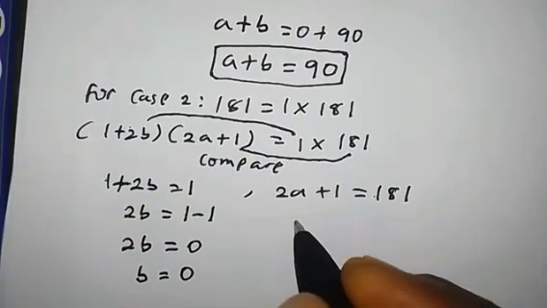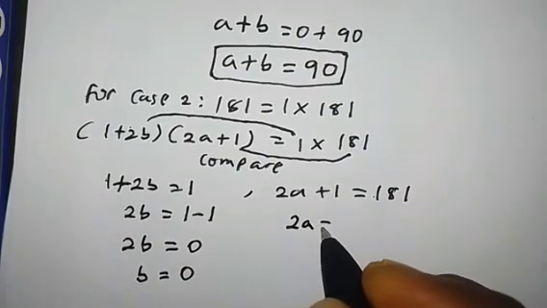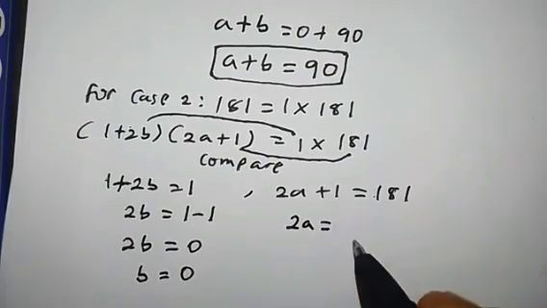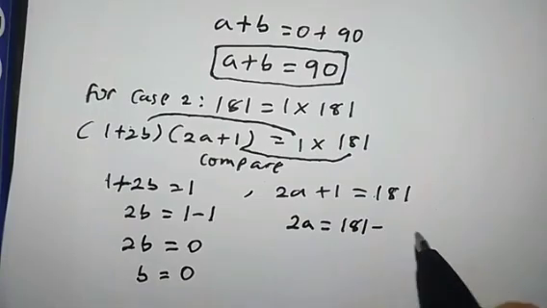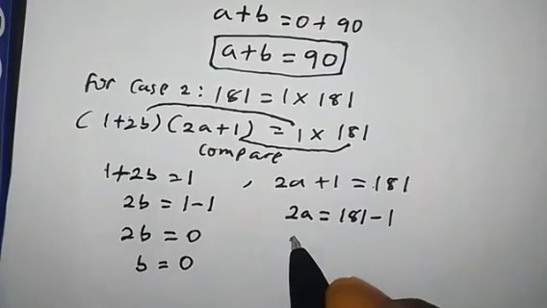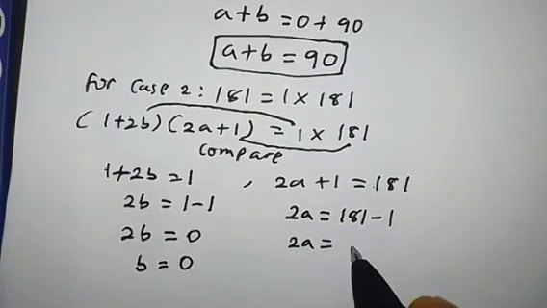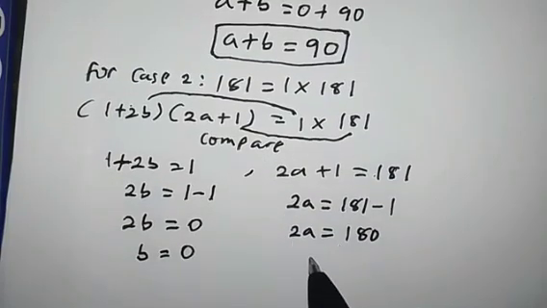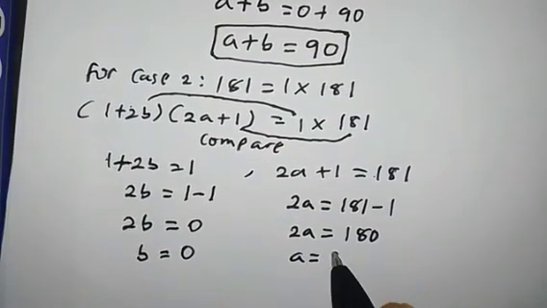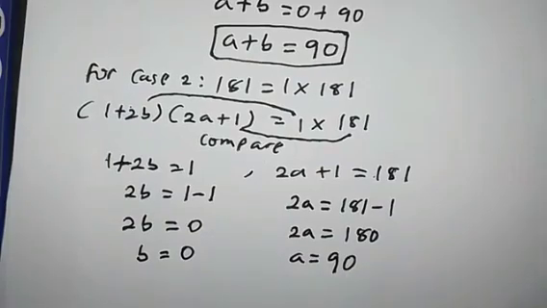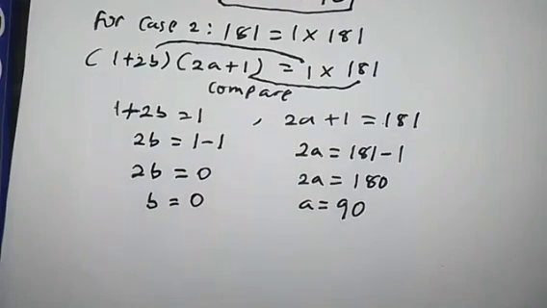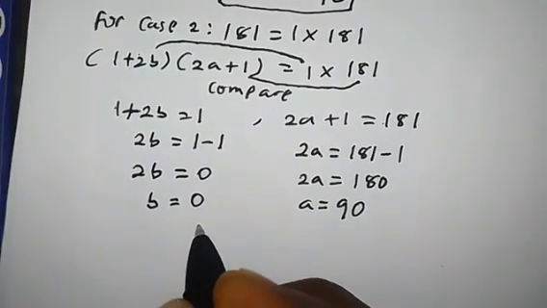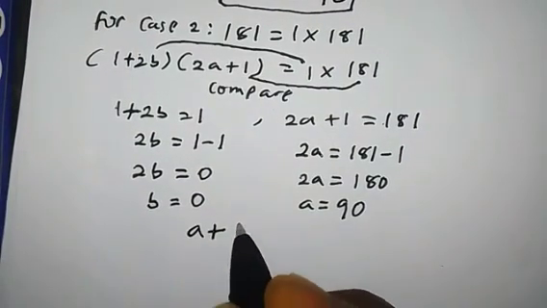Also from this line, 2a equal to, moving 1 to the right hand side, 181 minus 1, that is 180. If you divide both sides by 2, a is equal to 90. But don't forget, our goal is to find the value of a plus b.